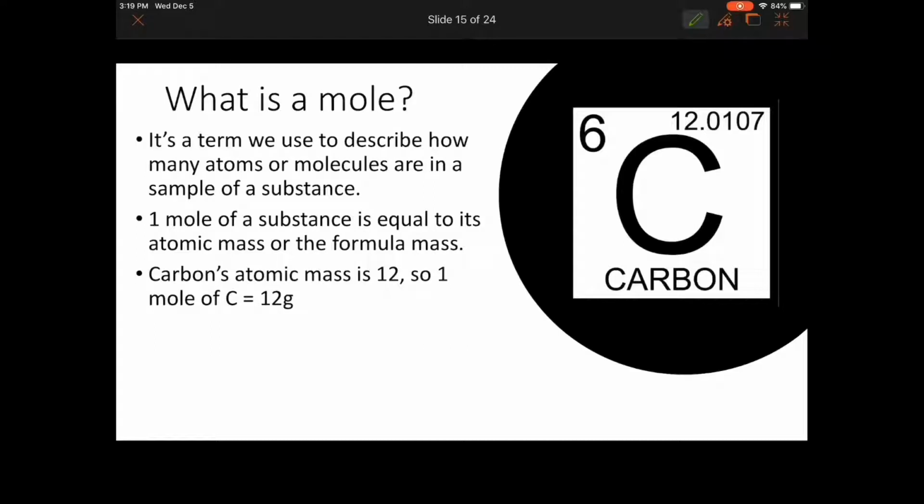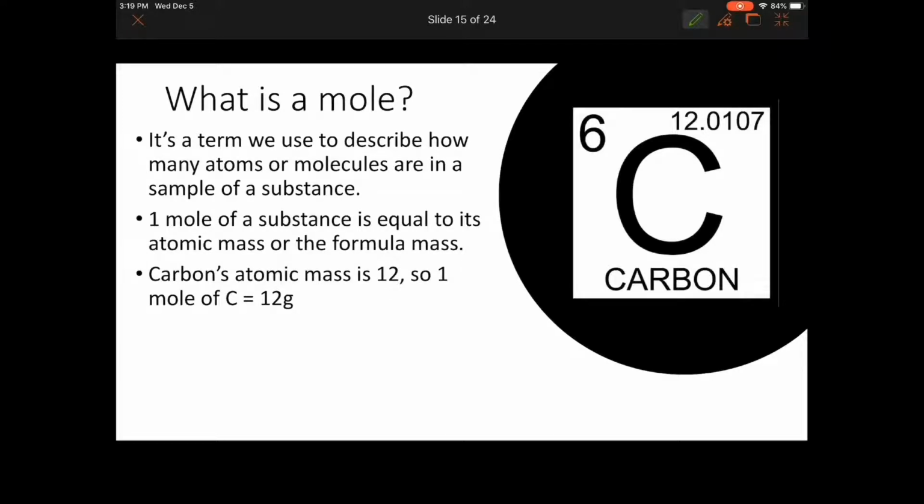Now let's talk about what a mole is. We've been talking about how molar mass is the calculation for the weight of 1 mole of something. Well, a mole is a term that we use to describe how many atoms or molecules are in a sample of a substance. 1 mole of a substance is equal to its atomic mass or its molecular mass or its formula mass.